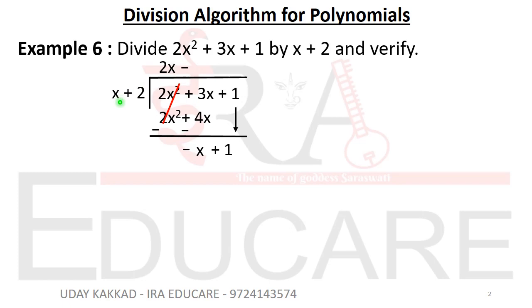Now you multiply x with 1, so you get x here, right? 2 is also multiplied with minus 1, so minus x and minus 2. Now change the sign, right, and cancel x. This x got cancelled and here plus 2 and plus 1, so you get plus 3, right?